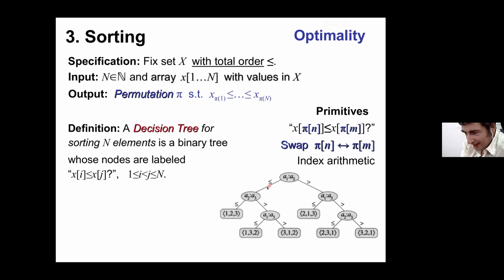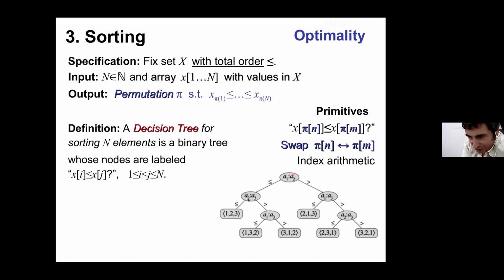The one is the first element is less than or equal to the second, and the other one is the first element is bigger than the second. Depending on the result of this comparison, you go either to the left node or to the right node, and then you continue comparing.